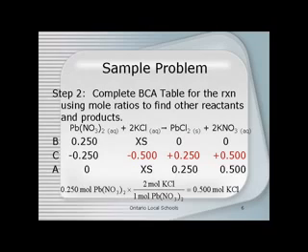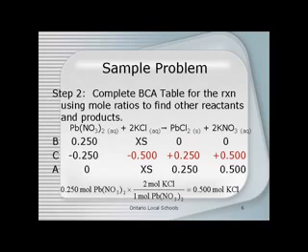If we know the amount of change for the lead-2 nitrate and the potassium chloride, because lead-2 chloride shares a coefficient with lead-2 nitrate, it will change by the same amount, only in the positive direction since it's forming. And because KNO3 shares a coefficient with KCl, if we know by how much the KCl changes, that's the same amount of change, though in the opposite direction: it's going positive in formation for the KNO3.